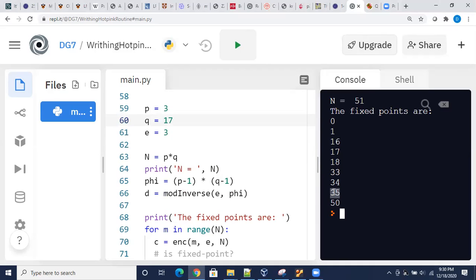34 is a fixed point. What is 51 minus 34? 17. 17 is also a fixed point.